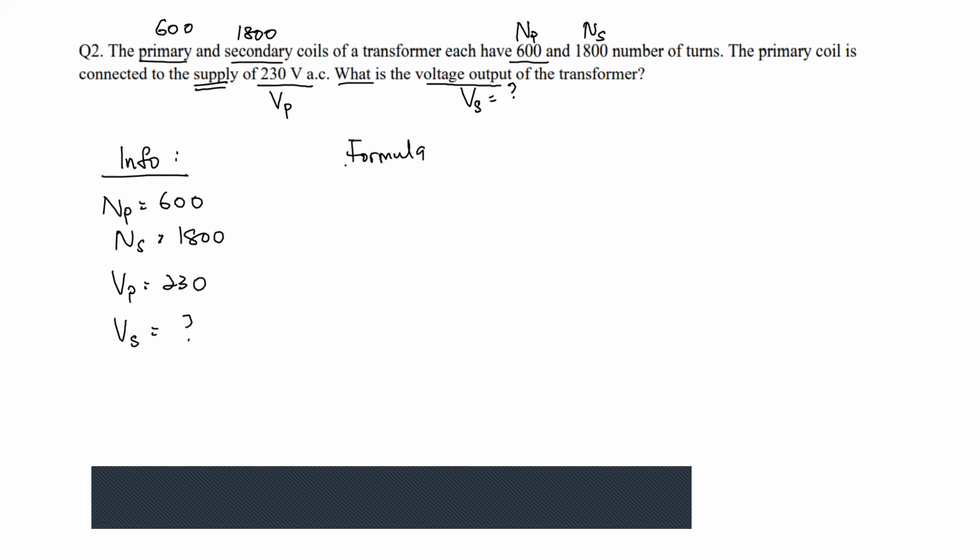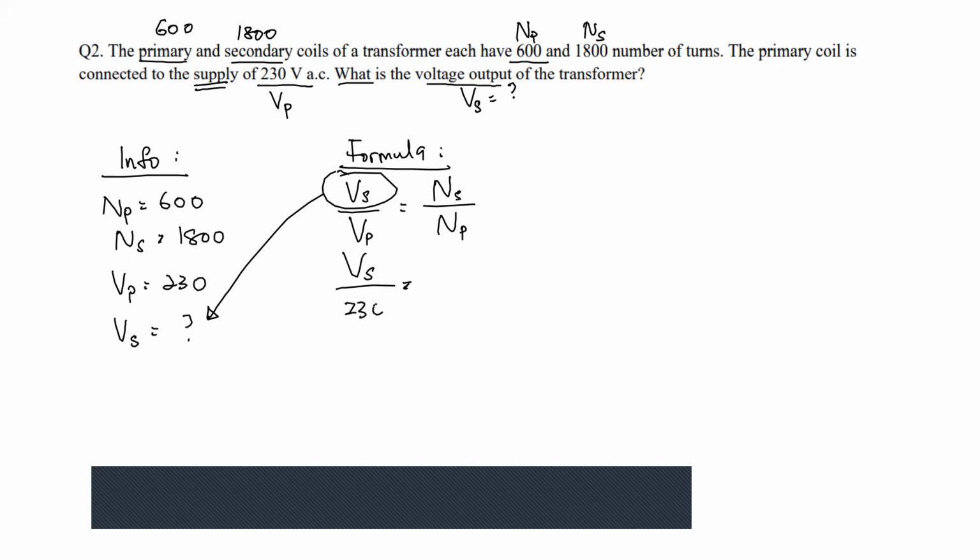Formula: always put the unknown on top of your left-hand side. VS over VP equals NS over NP. VS, VP 230, NS 1800, and NP is 600.